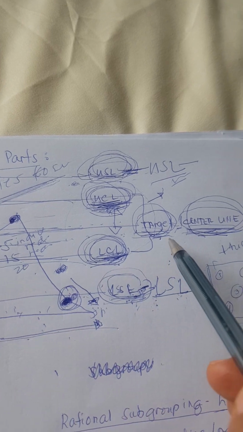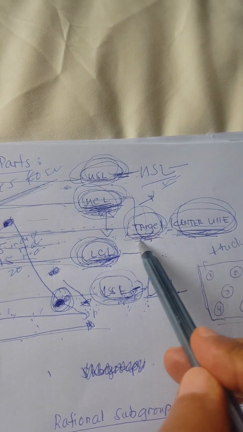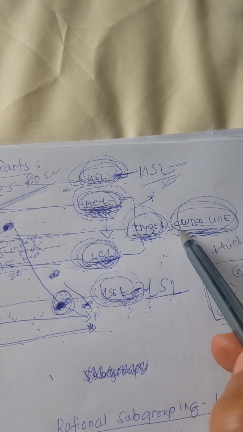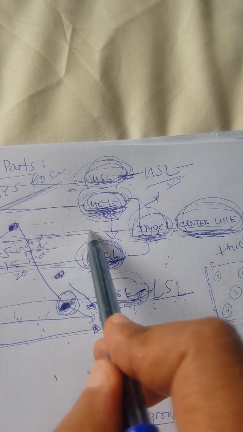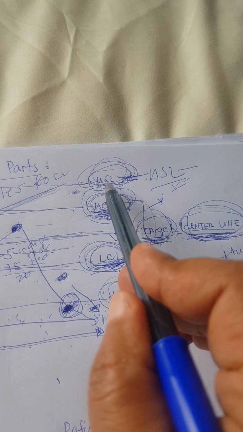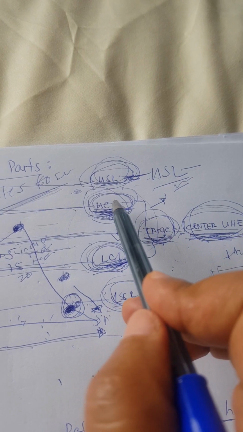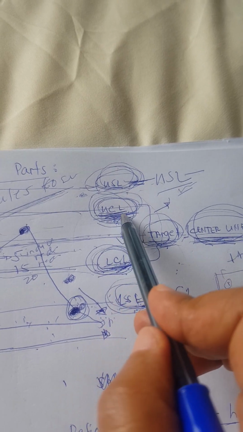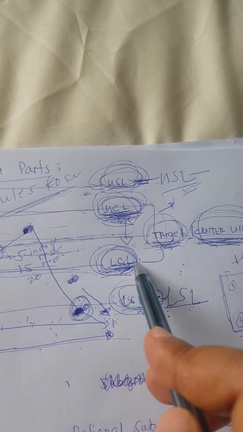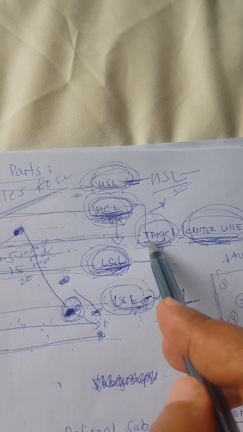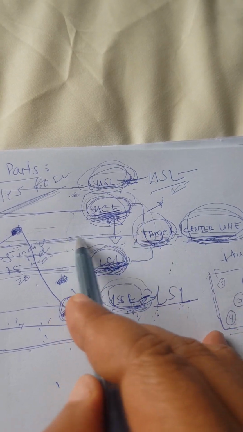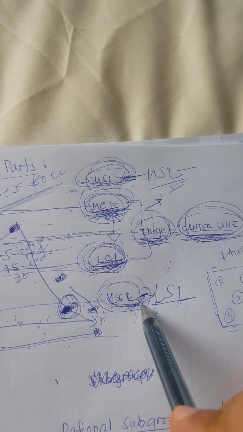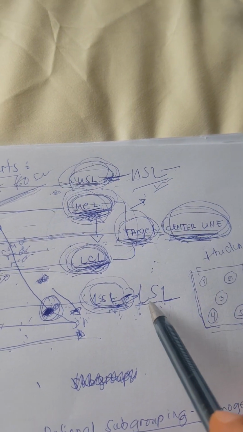There are also two terms, the target and the center line. The center line is the line between the upper control limit and the lower control limit. The target is the center of the upper spec limit and the lower spec limit, which are the customer requirements.